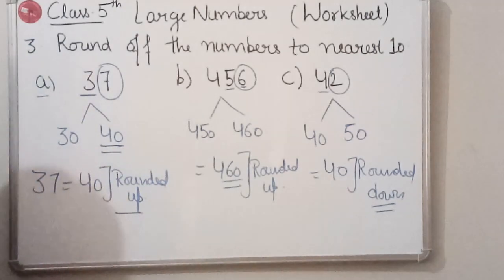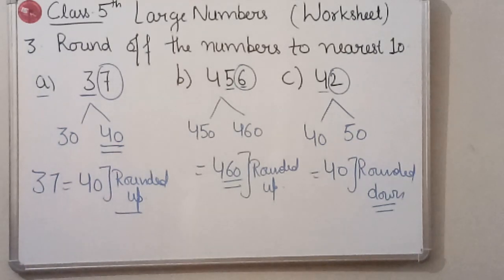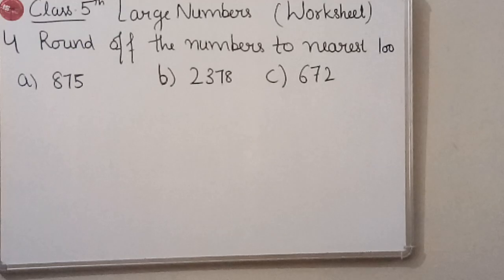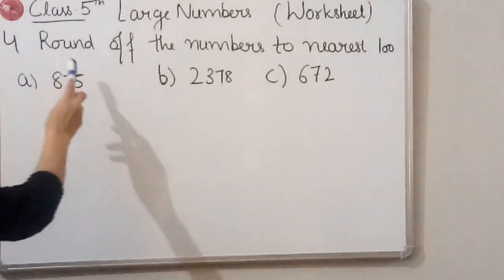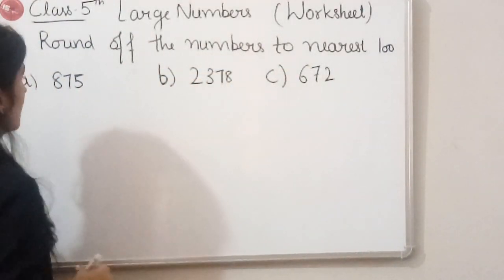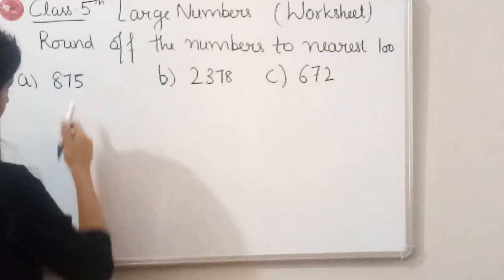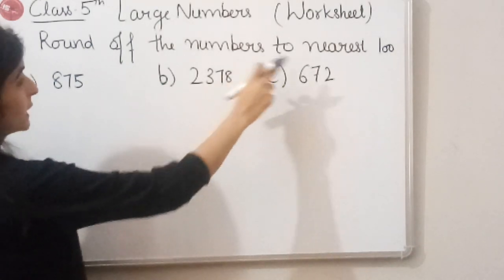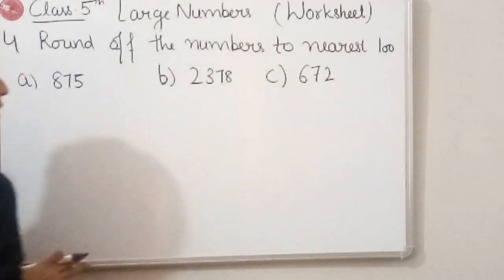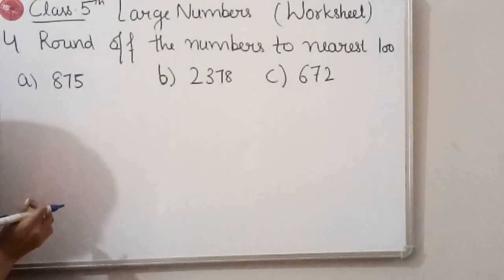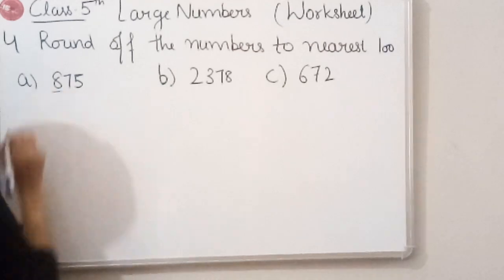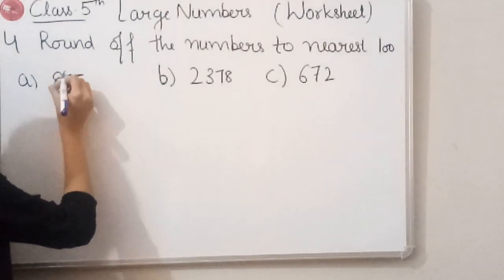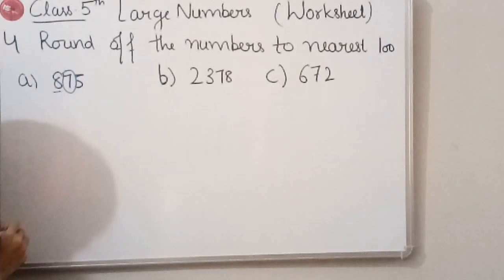Now let's move to question number 4. Next question is question number 4. Round off the numbers to nearest 100. A part is 875. So children, here we have to round off to nearest 100. So we will underline the digit which is on hundreds place. Then we will highlight the digit which is on its right.